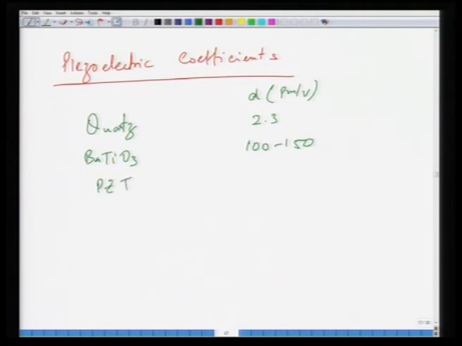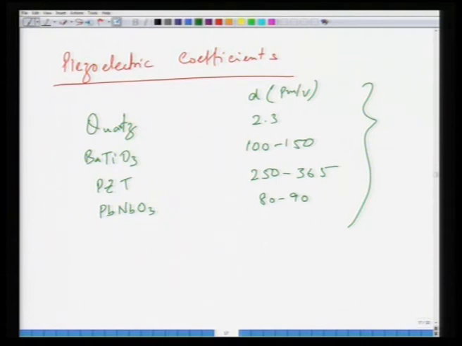PZT, which is lead zirconium titanium oxide, has 250 to 365 for compositions which are close to the morphotropic phase boundary, and then lead niobate has about 80 to 90. So, these are the effective values. You can see that when you apply a volt, you get a displacement of the order of hundreds of picometers.